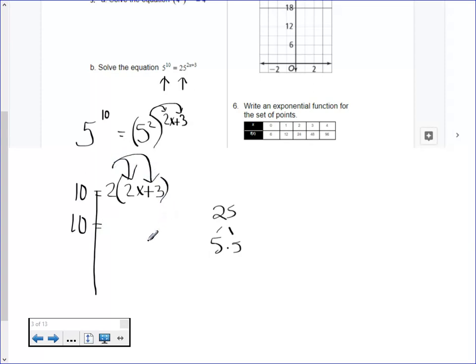So 2 times 2x is 4x, and 2 times 3 is 6. I'm going to give you a minute just to solve the rest of that equation and find x.